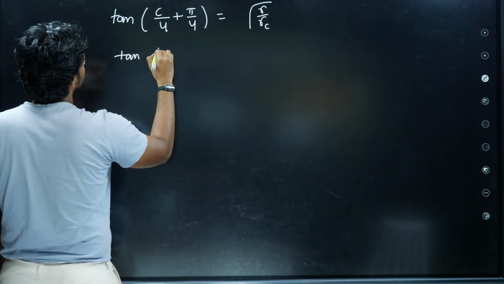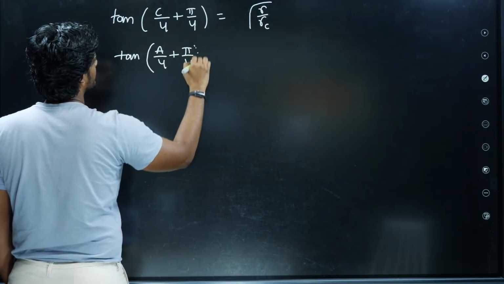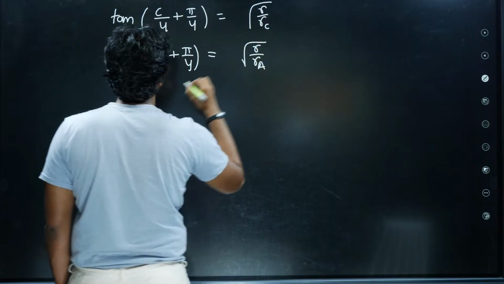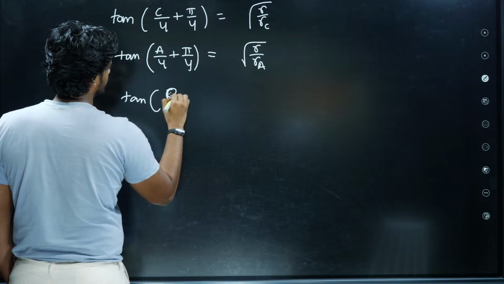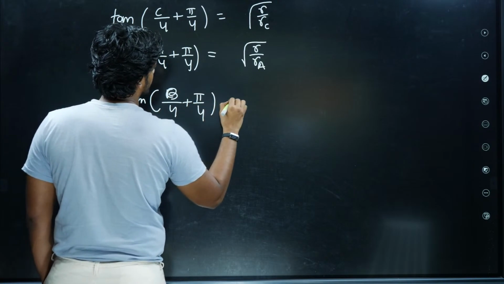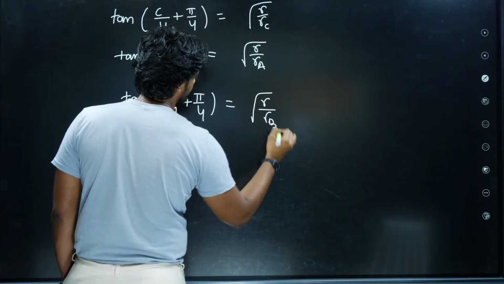Tan of A by 4 plus pi by 4 is root R by root RA. Tan of B by 4 plus pi by 4 is root R by root RB.